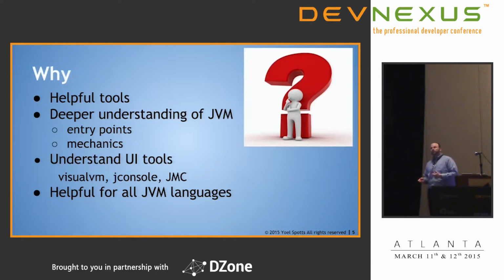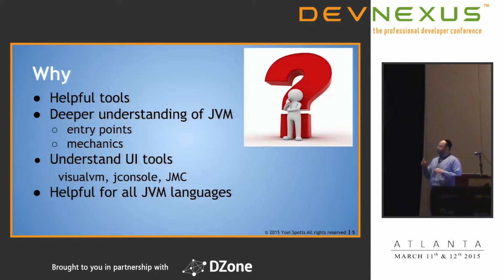But examining these tools gives you a deeper appreciation and understanding for the JVM lifecycle and some of the underpinnings for what the JVM is doing behind the scenes. And so some of the mechanics, some of the entry points into the JVM, will give you a greater appreciation for how your code is running on the JVM, and that will give you a better understanding for troubleshooting your code, even if you're not going to use the specific tools that we're going to look at.